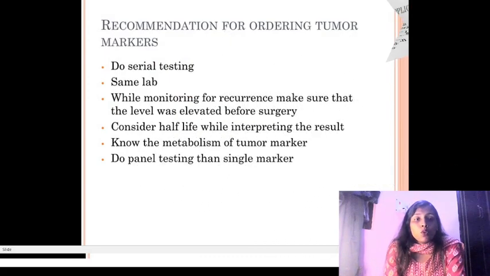It does not mean that once one tumor marker has been done, you have a complete confirmation. If any other sample is needed, such as FNAC, we should go for that to rule out the diagnosis.